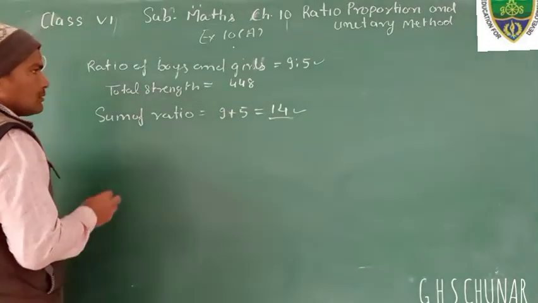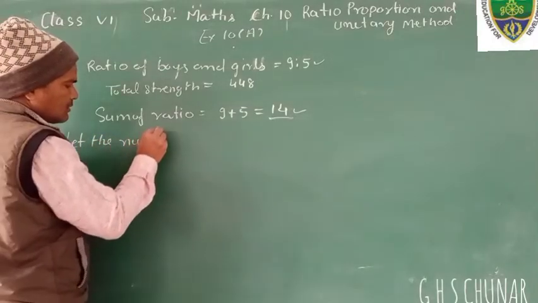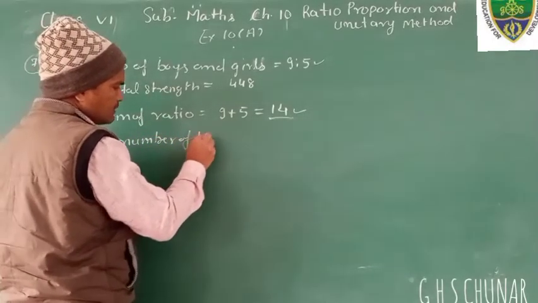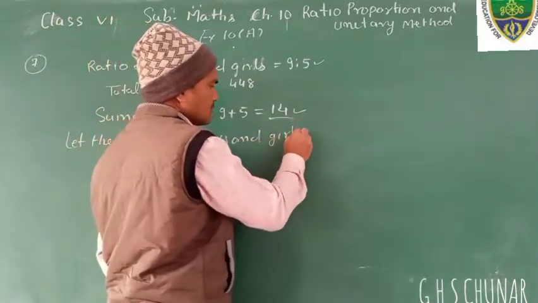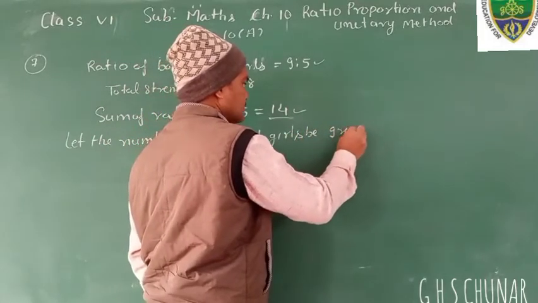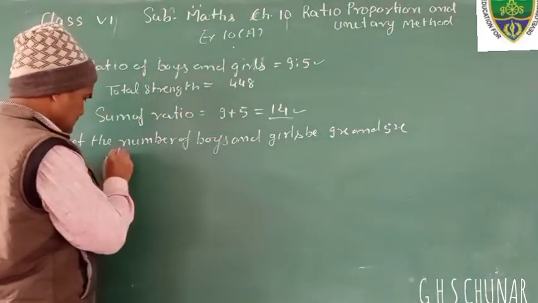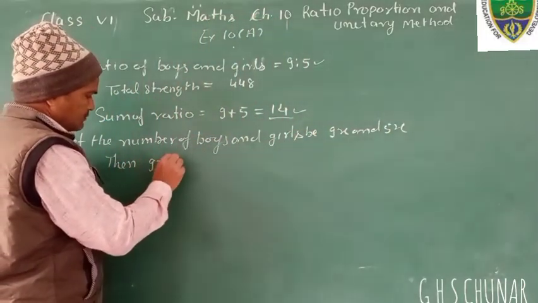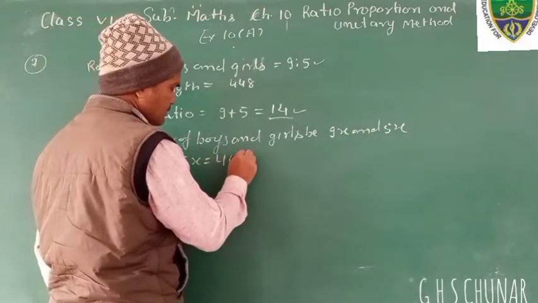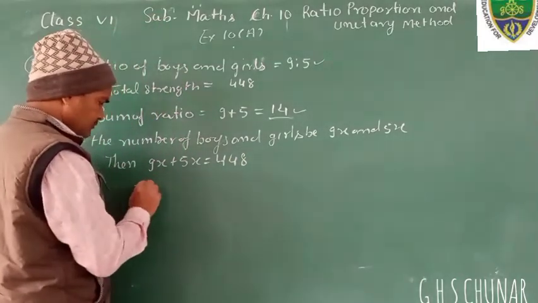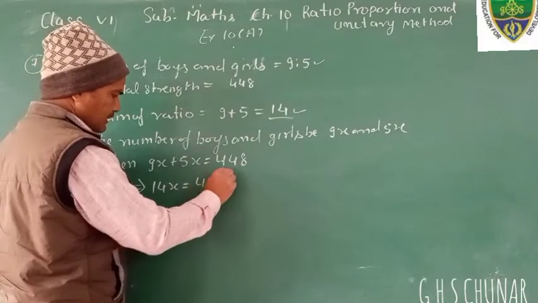Let the boys and girls be 9x and 5x, then 9x plus 5x is equal to 448, that is 14x is equal to 448.